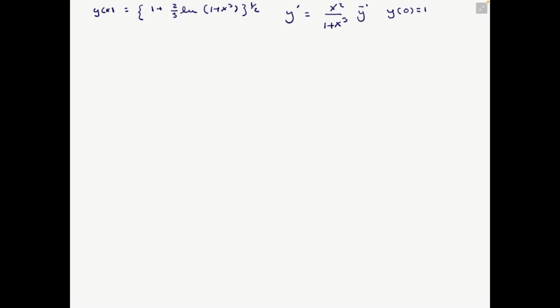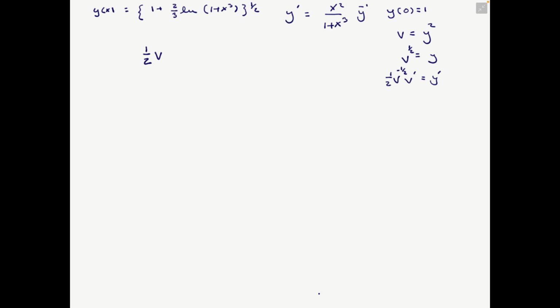So let's look at that. Now, we have v equals y to the 1 minus n, so that's y squared. So v to the 1/2 equals y. 1/2 v to the minus 1/2 v prime equals y prime. And that's our substitution.